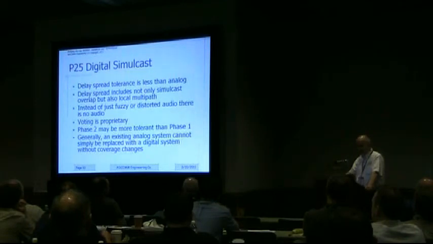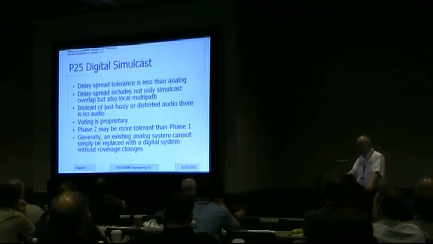Instead of just fuzzy or distorted audio, there's no audio, which is an issue for the users, because I've seen a lot of simulcast systems where there are pretty big overlap areas and the users are able to tolerate fuzzy audio in some of those areas. But with P25, there's just no audio, and the users typically don't tolerate that very well.